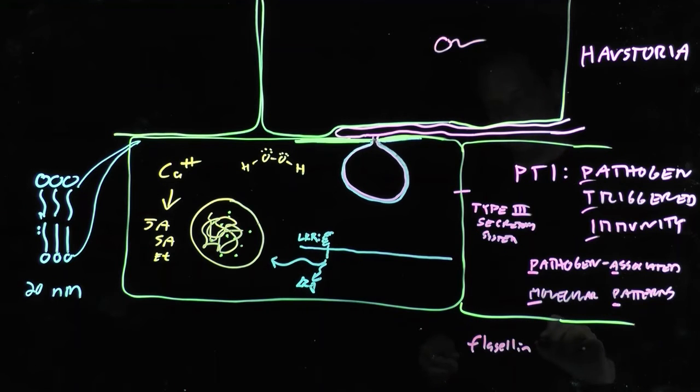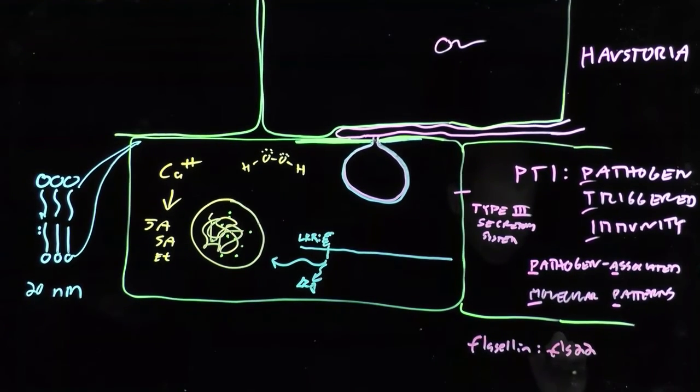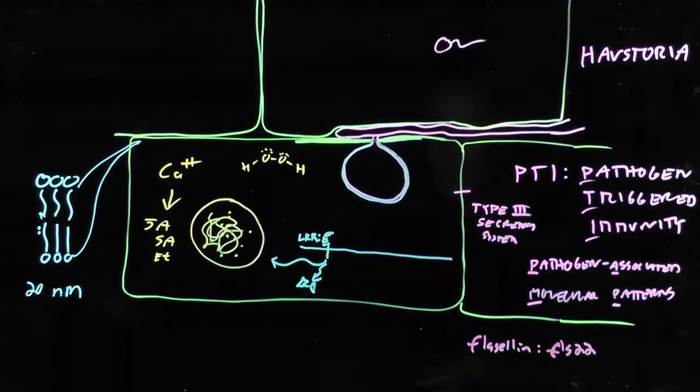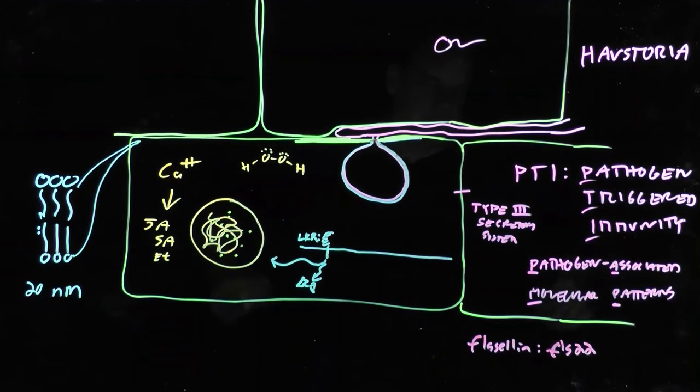It's been found that there's an epitope, or a part of the flagellin protein, called flg22, which is 22 amino acids that elicits a PTI response. So let's assume for a moment that the fungus is also shedding flagellin as it does this process.